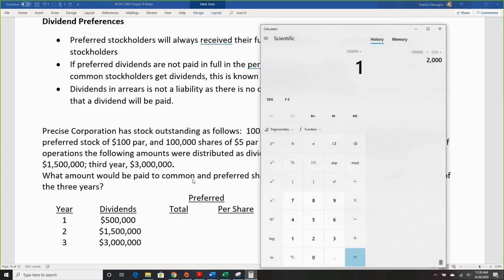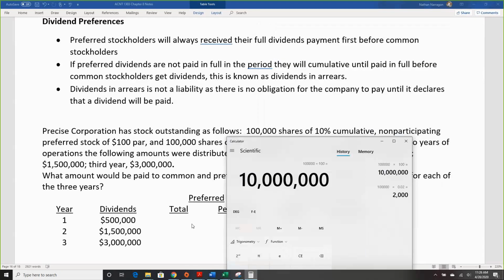So, 100,000 times $100 par, because you have to do that. That's how much money we have in preferred stock. If it ever gives you the 10% cumulative, that's basically timing the 10 million by 10%.